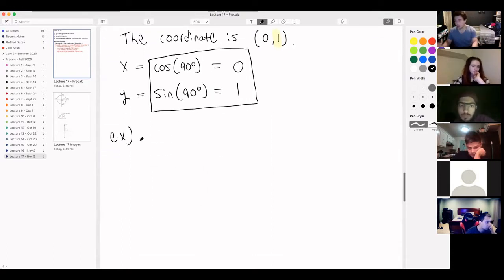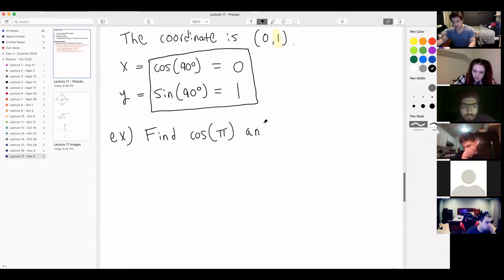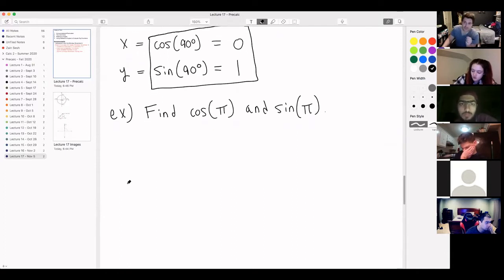Again, we're going to use this theorem, and I want you guys to find cosine of pi and sine of pi. Now, I have given you the angles in radians. If we want to think about it more concretely, we may want to just in our heads convert to degrees.